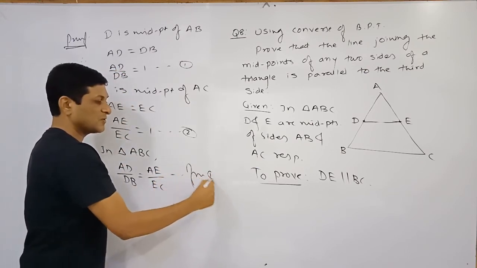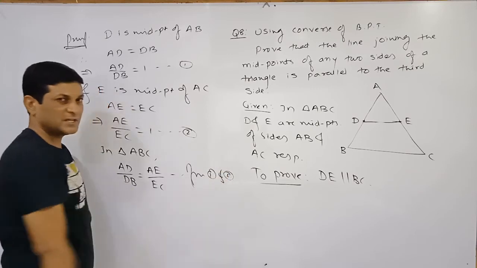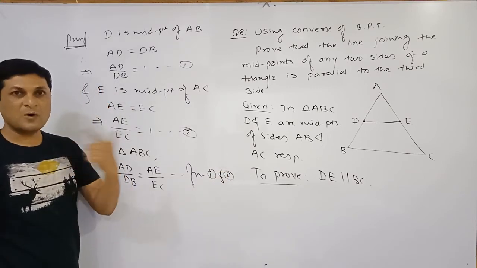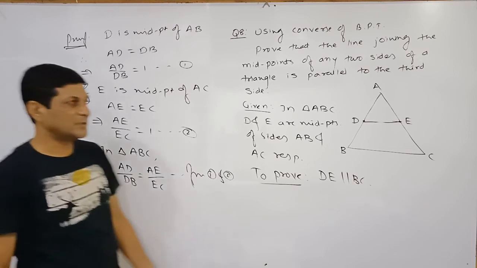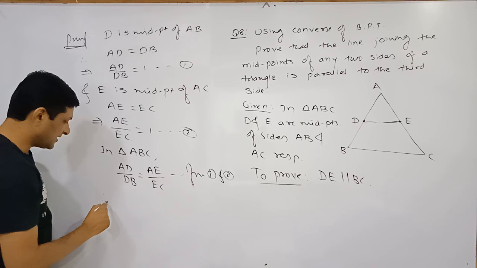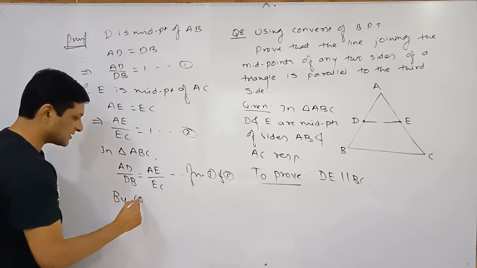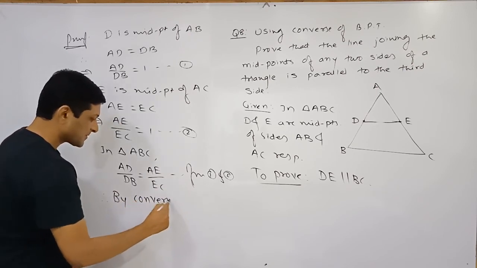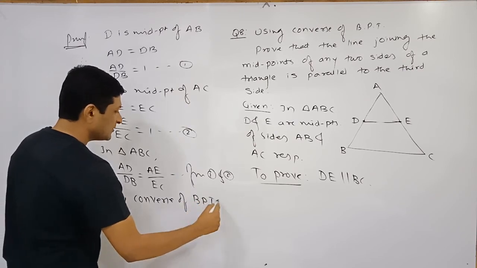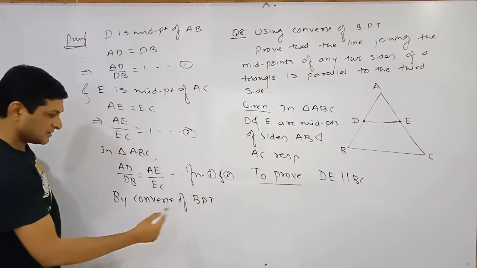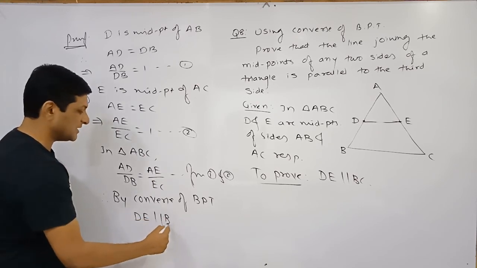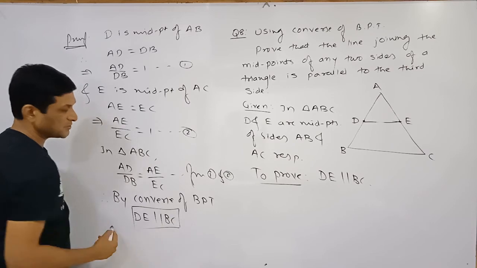We got this result from equation 1 and 2. Now, if these ratios are equal, then the converse of the basic proportionality theorem says that DE is parallel to BC. So by converse of basic proportionality theorem, we conclude that DE is parallel to BC. And this is the result which we had to prove here.